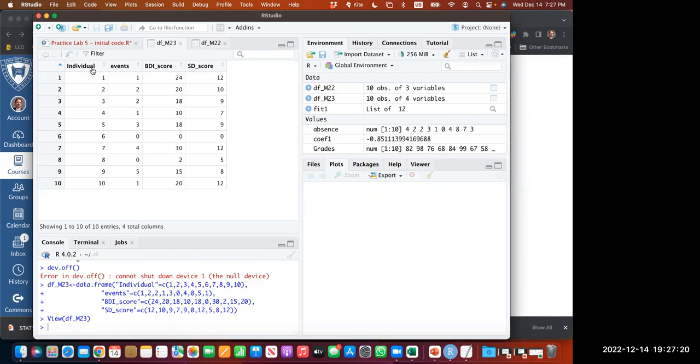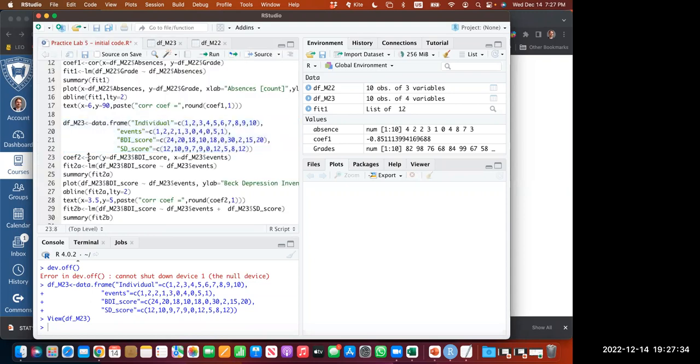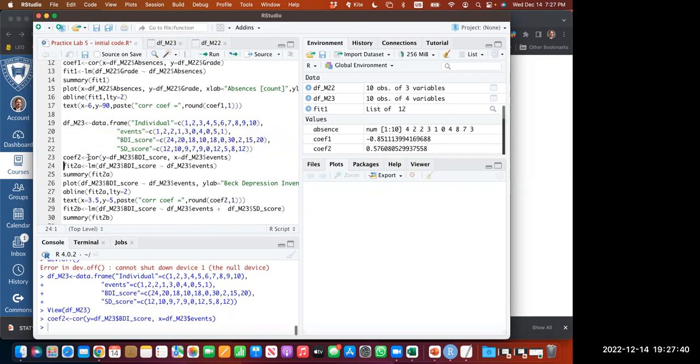So we have the individual ID, we have events, which is the stressful life events, then the Beck Depression Inventory score, and the sleep disturbance score. If we want to correlate our BDI score with the events, this is line 23, which gets us a correlation coefficient. That correlation coefficient is coef2, which is our 0.58.